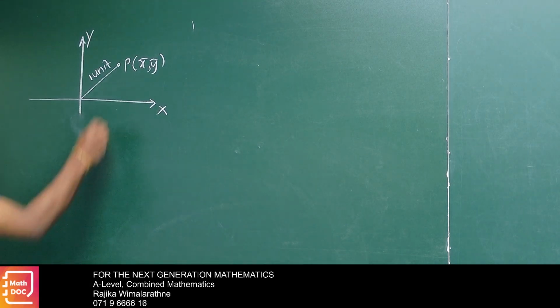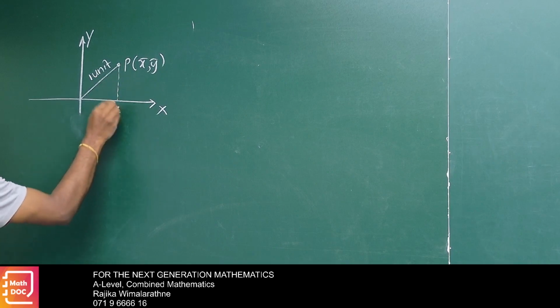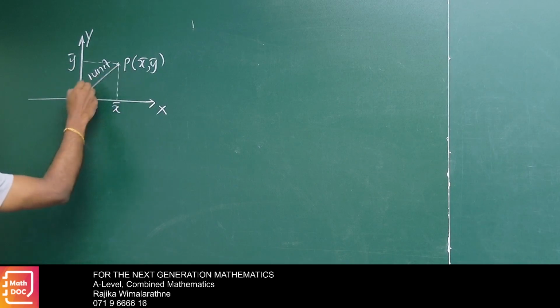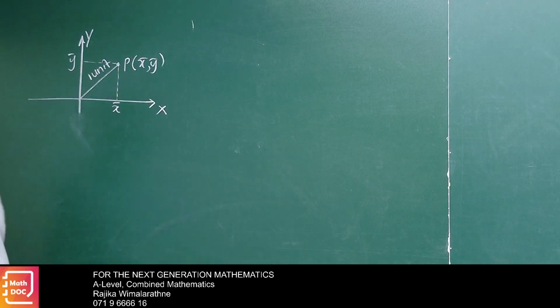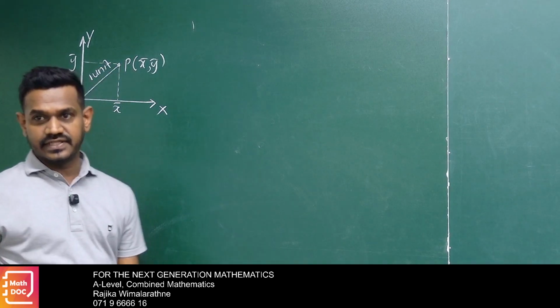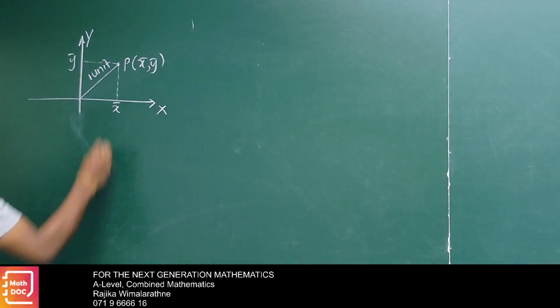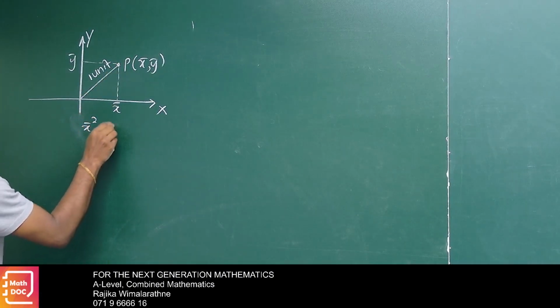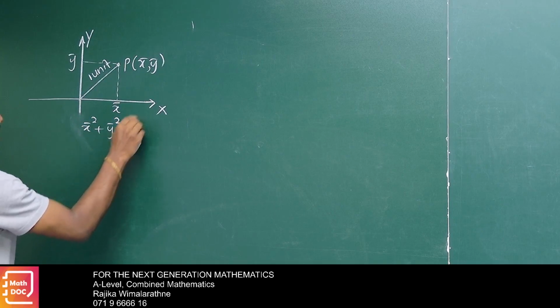Then here x bar, here y bar, here this length given, you have to create a relation with x bar y bar. Now here we can apply Pythagorean theorem. Then x bar square plus y bar square equals 1 square.